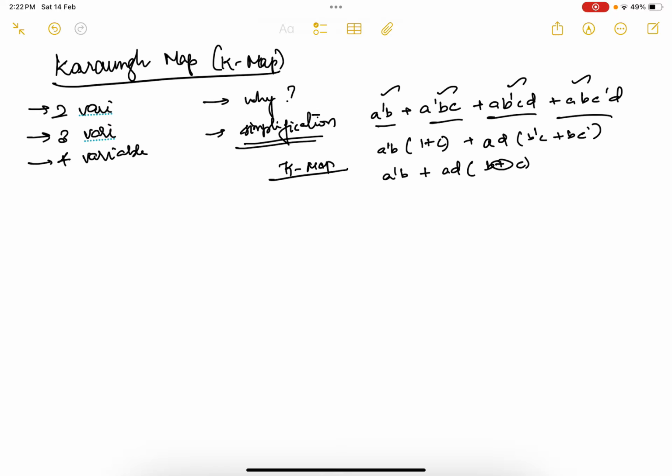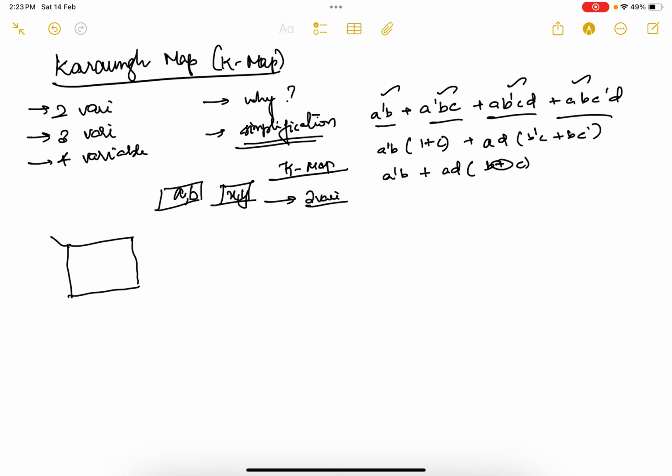In the K map, there are two variables. For example, if in your expression I have only two variables, for example a and b, or only x and y, or x dash and y, or a dash and b, then we will call that expression a two variable expression. For a two variable expression, we go for a 2 cross 2 matrix K map.